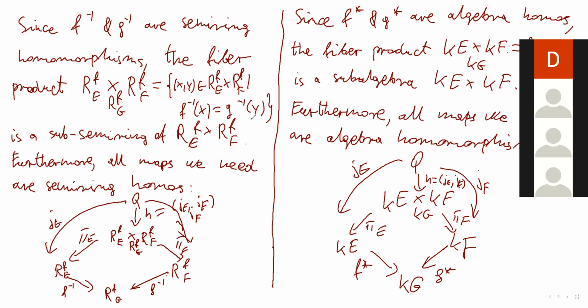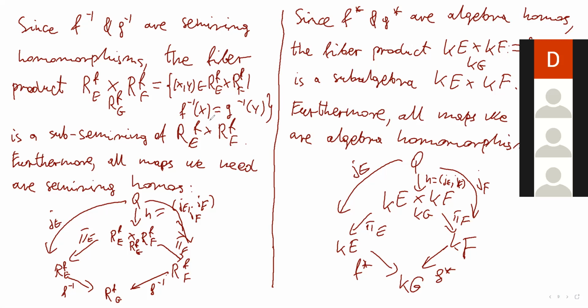So when these F inverse, G inverse are unital and the semi-rings are unital, then of course F inverse of 1 equals G inverse of 1, what we just established or knew earlier on. And therefore (1, 1) is an element here, which is exactly the unit in this semi-ring. So the fiber product is a unital subsemi-ring of a unital semi-ring. And of course, the slot projections are unital. And of course, if we assume that the test maps JE and JF are unital, then of course, putting them together gives us a unital map H, which witnesses the universality.